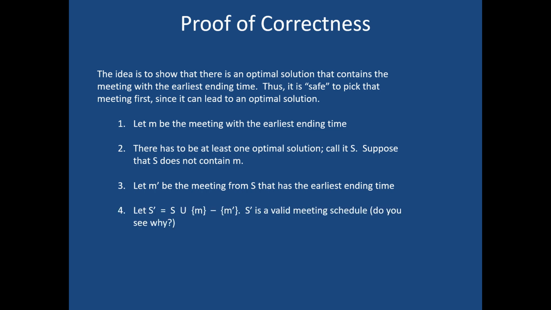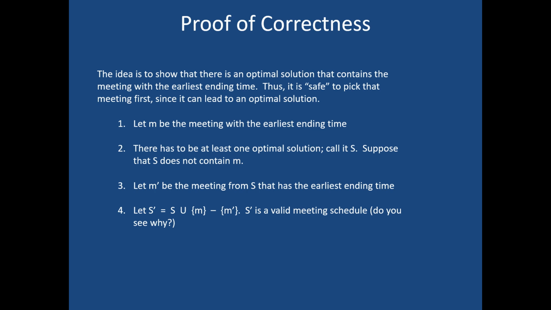So let's take that set that doesn't contain M. Let's remove M prime from it, and let's put M into it. I claim that this new set, S prime, is a valid meeting schedule. There'll be no conflicts. If S does not contain conflicts, S prime will not contain conflicts.